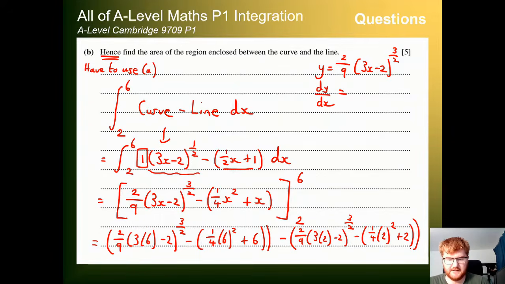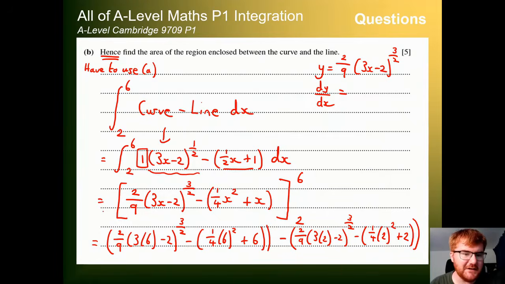Open brackets. 3 times 2 minus 2 to the power of 3 over 2. You see how long I'm taking to do this? I'm just watching this very carefully. Okay, I finally got there.